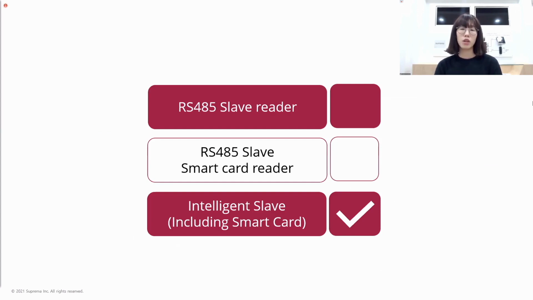The existing RS-485 slave does not store user information in the device, and it only transmits data to the access control panel and operates depending on the access control panel's request command. The intelligent slave function released with BioStar 2.8.10 operates as a standalone device, including software usage, but transmits data according to the authentication results to the access control panel.